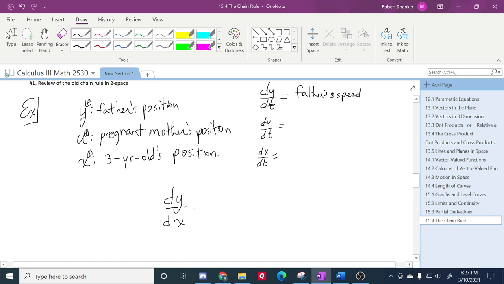Now, what would this represent if we were doing the same kind of thing? Now this would be how many times faster. So every time the child moves 1 foot, the father moves 3 feet, then that would be the father is how many times faster?